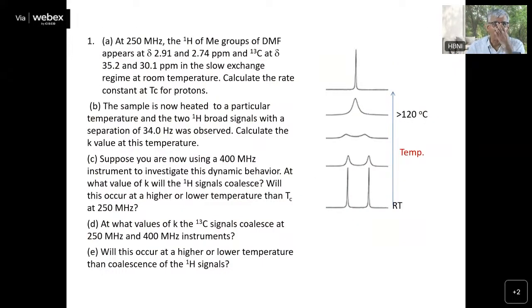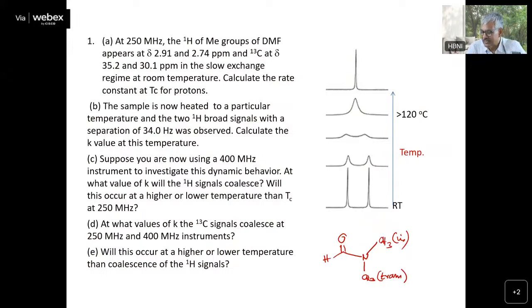Now I have taken a very similar example. The same things I have explained in this. So this is the NMR spectrum of N,N-dimethylformamide. We call this a cis-methyl. This is trans-methyl. And we know that they come different.